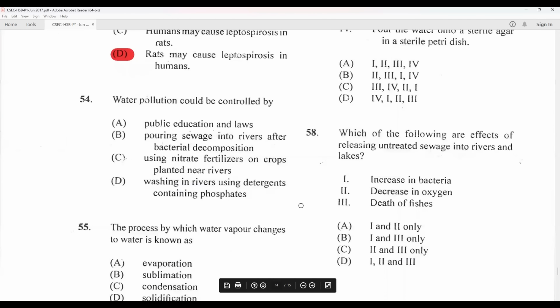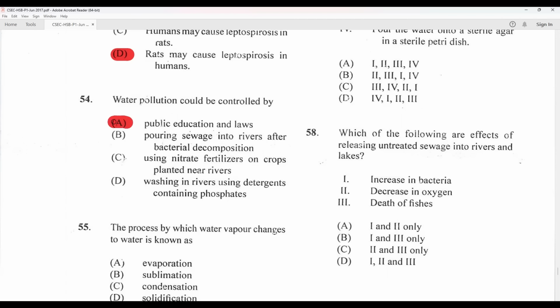54, water pollution could be controlled by public education and laws, pouring sewage into rivers after bacterial decomposition, using nitrate fertilizers on crops planted near rivers, and washing in rivers using detergents containing phosphates. And we're talking about water pollution could be controlled.